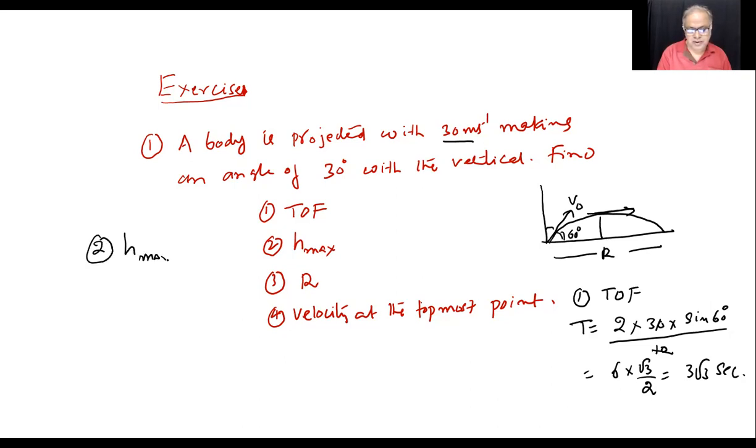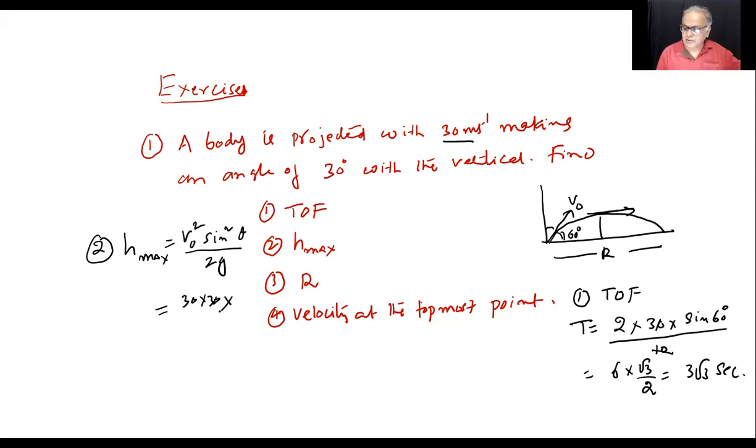H max. What is the formula? Once you take this angle, the old formulas I can use. What is H max? Look into the book and tell me. V0 square sine square theta by 2g. So substitute. V square is 30 into 30.